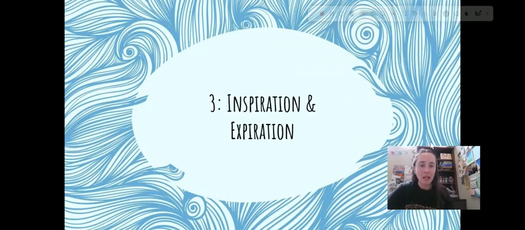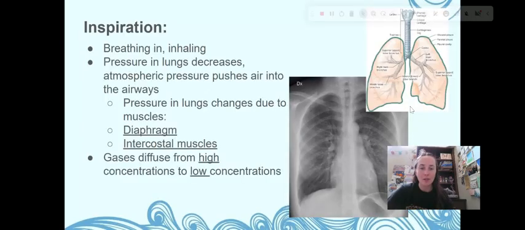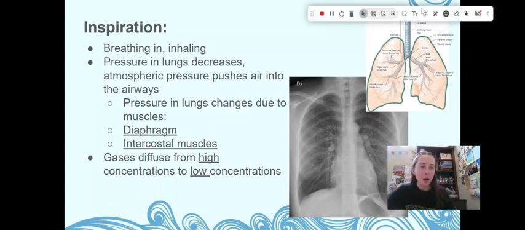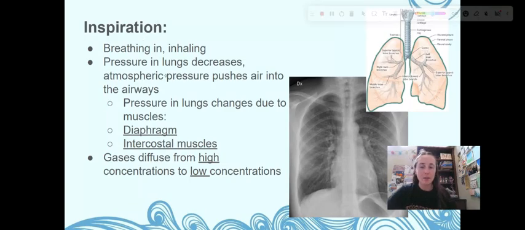Which brings us to our second to last piece here, inspiration and expiration, which are words that we don't often use to describe breathing in and breathing out. So when we say inspiration, that means we are breathing in that oxygen. We are inhaling it. This is possible because of some physics going on. If you think about particles in the lungs, here's an X-ray of a lung.